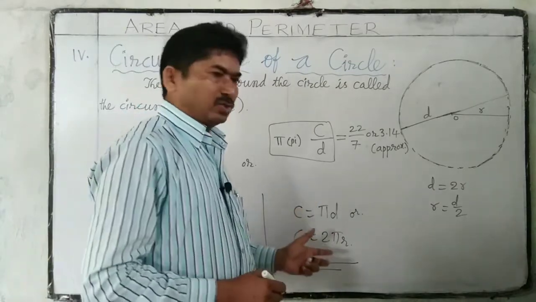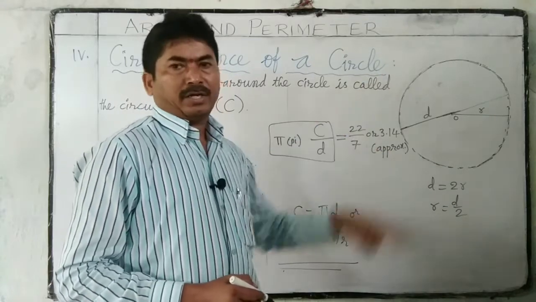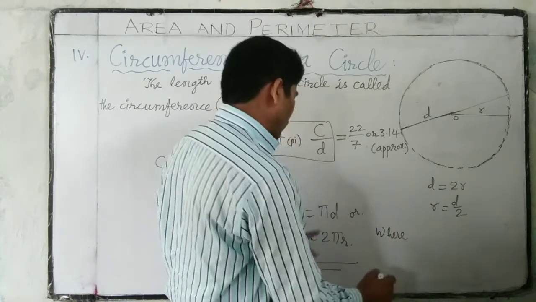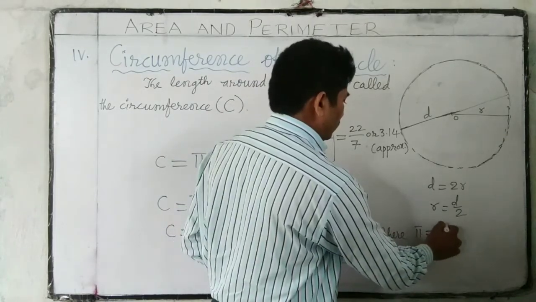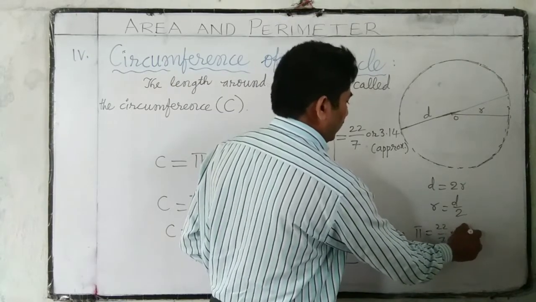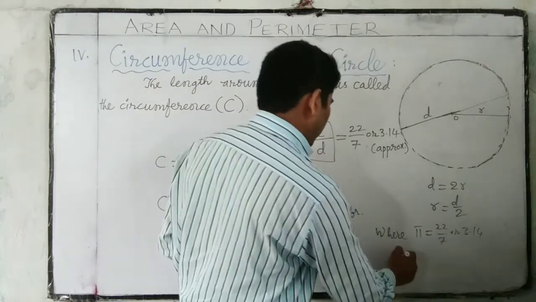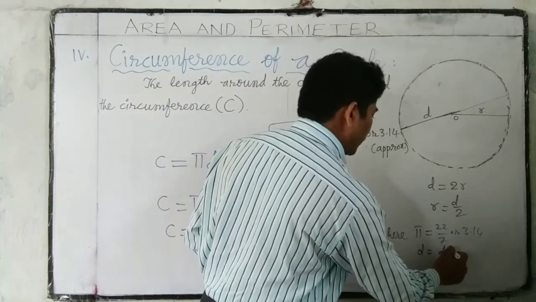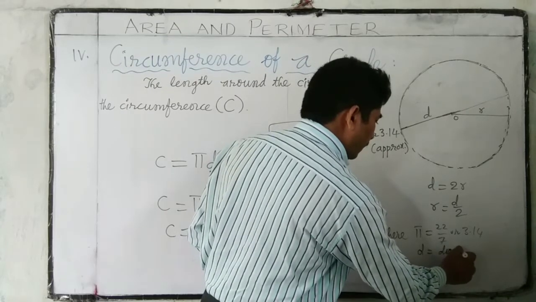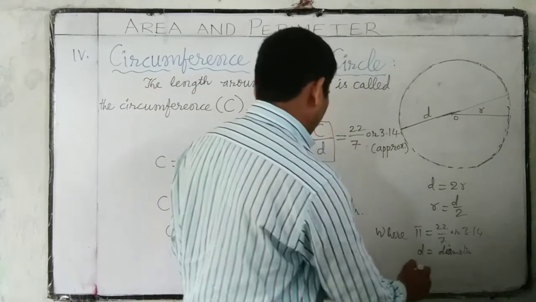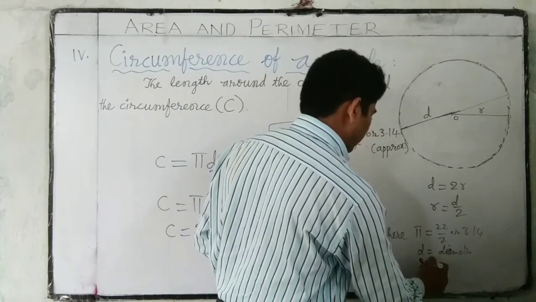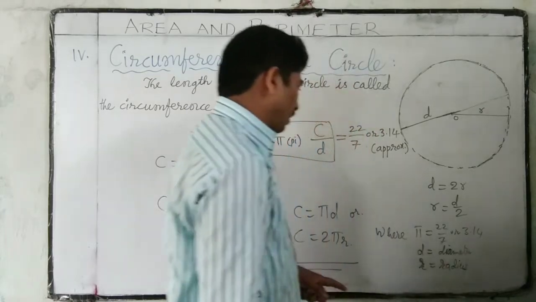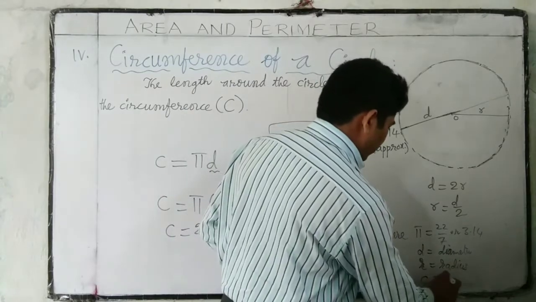These are formulas to find circumference of a circle, where pi is a constant, that is 22 by 7 or 3.14, and d is a diameter, and r is a radius, and c is circumference.